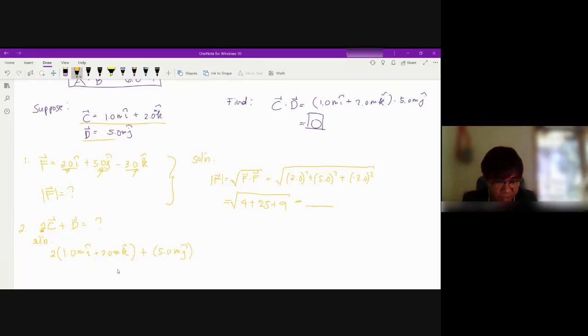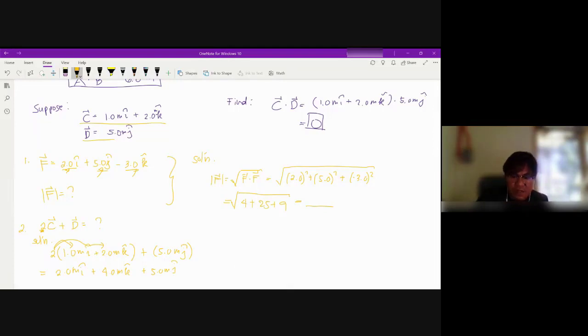Distribute lang. 2 times that, and then 2 times that. That becomes 2 meters I hat plus 4 meters K hat, and then plus 5 meters J hat.